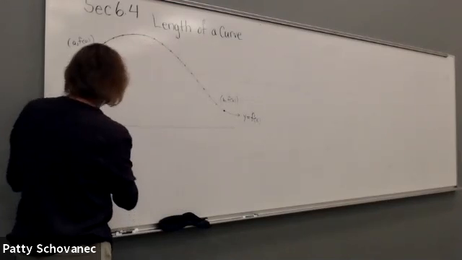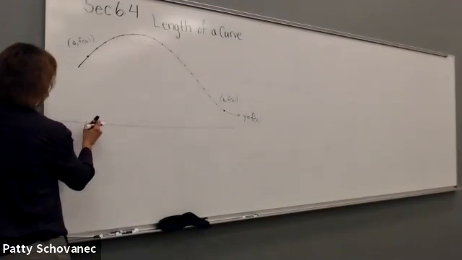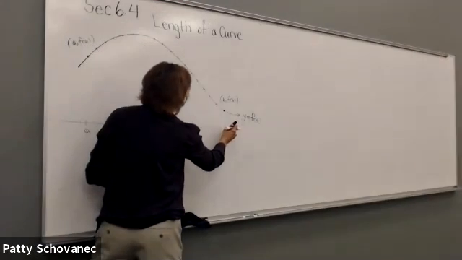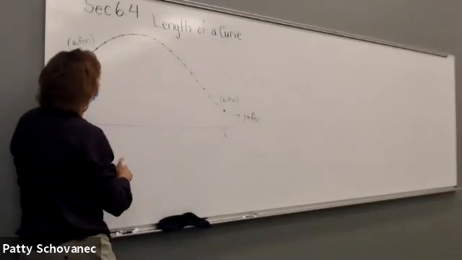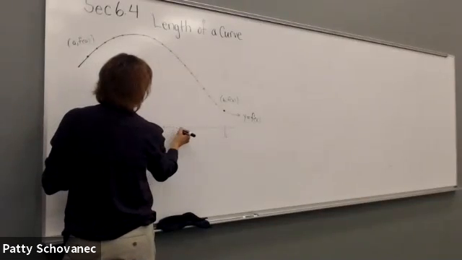So I look at some partition of the interval on the x-axis from A to B: x1, x2, x3, x4, and so on, out to the kth partition.